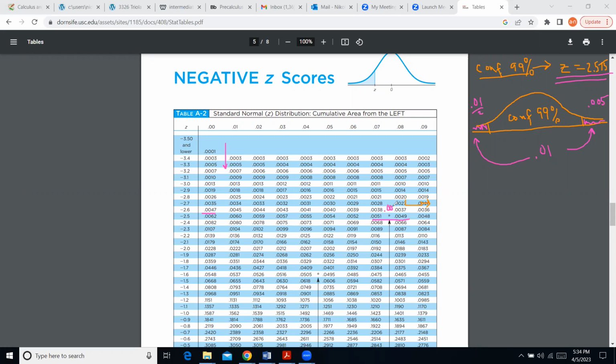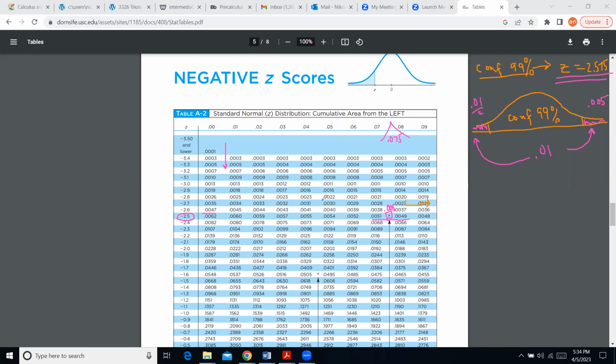It's like 0.050. It's right in the middle, and that's why we have this asterisk thing. And that's why we actually take the average. So in between 70 and 80, it's 75.